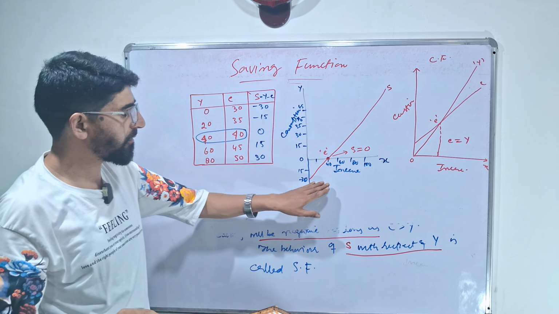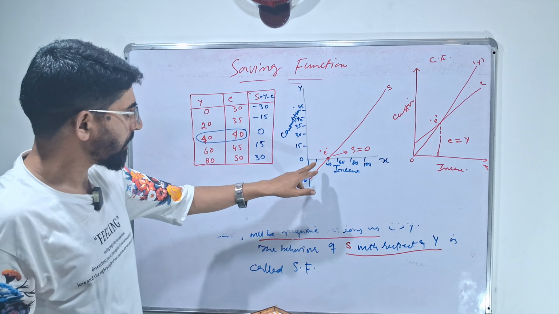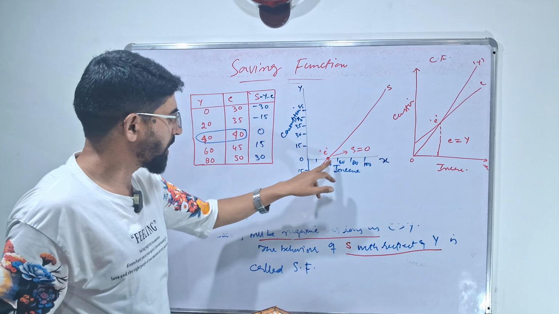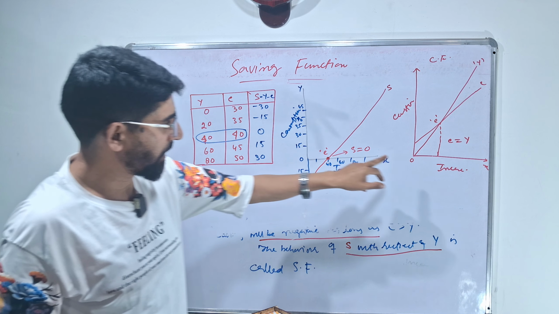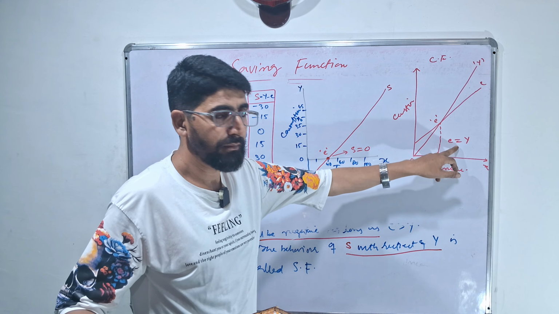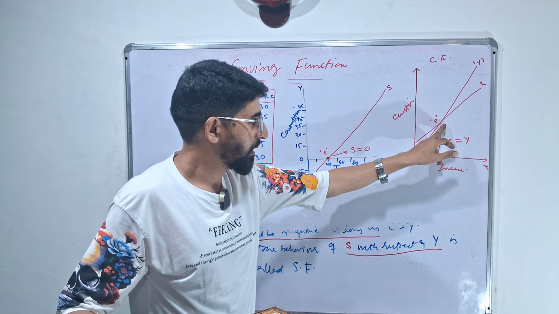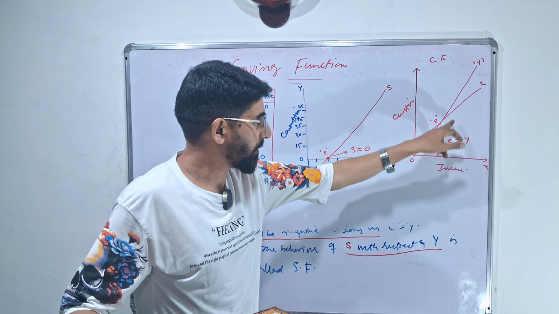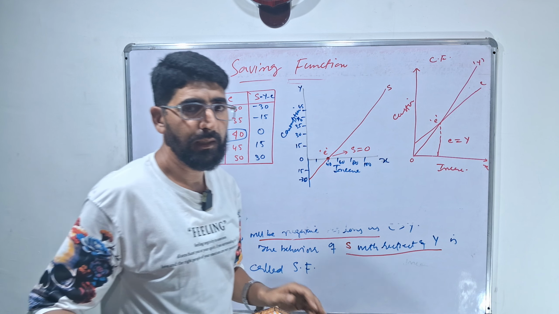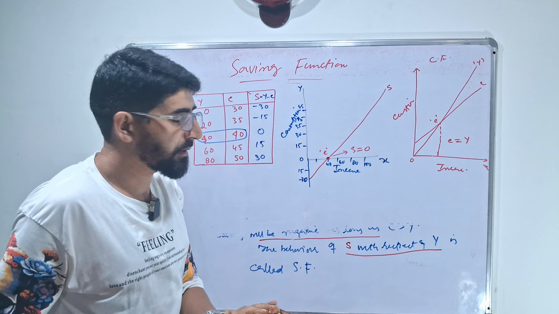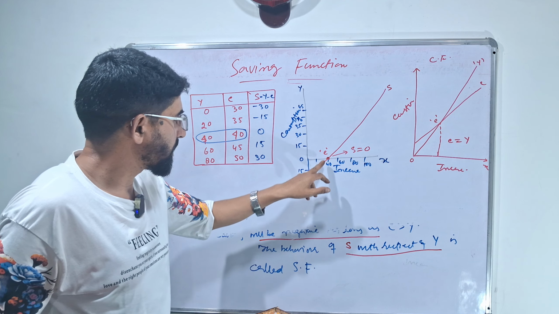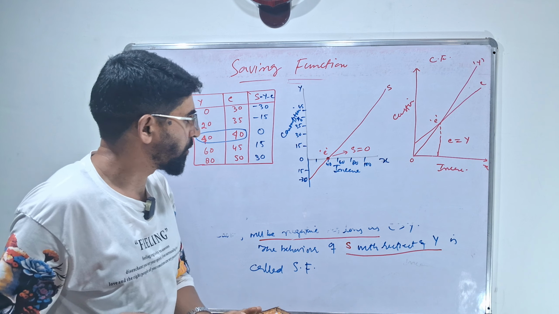In the saving function, where saving is equal to 0 at this line, at the same point consumption is equal to the level of income. Both income and consumption join here. At that point consumption is equal to the level of income, but at the same point saving is equal to 0.